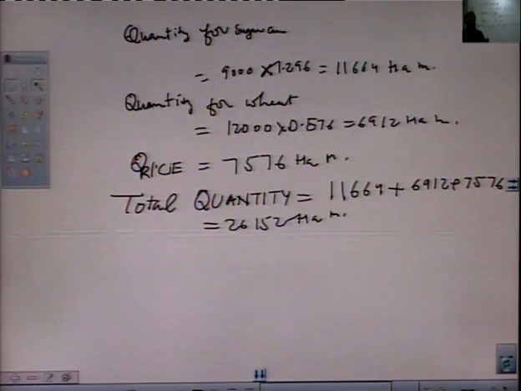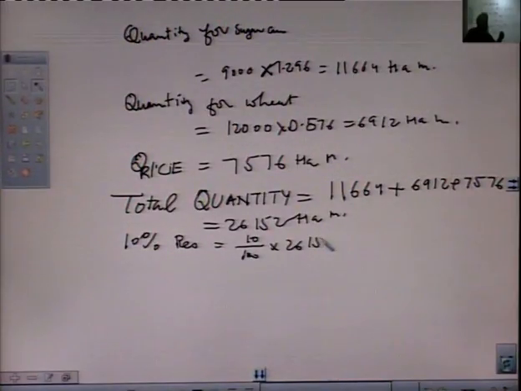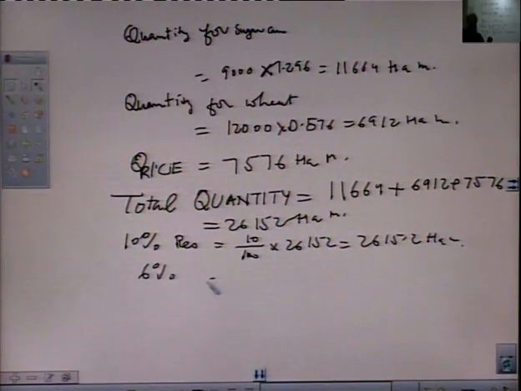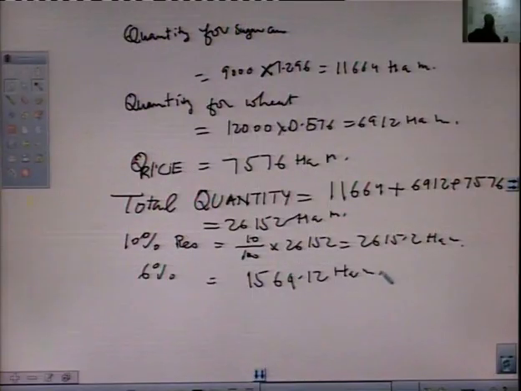Add 10% reservoir losses. So reservoir losses will give you 10% in hectare meter. Then another loss is 6% canal losses. So this will work out to be some hectare meter. Add all these, and the capacity of the reservoir is worked out.